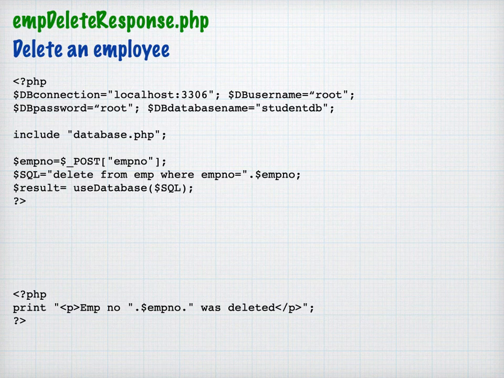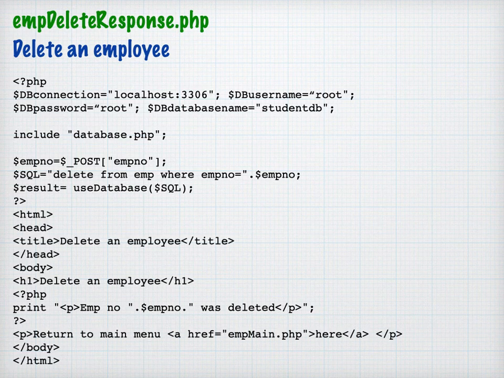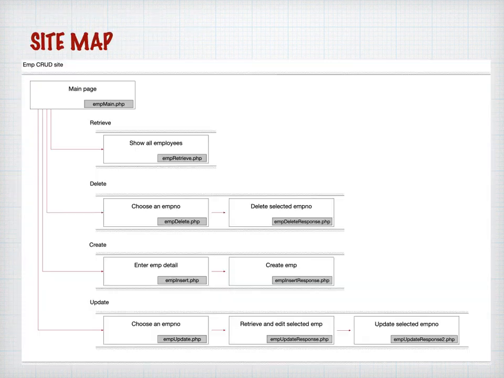That's what that little bit of code at the bottom of the screen does. You can see we need a bit more HTML in there, the heading, the head and the body, all that kind of stuff. And that's it. Emp delete and emp delete response will do the delete operation for us.